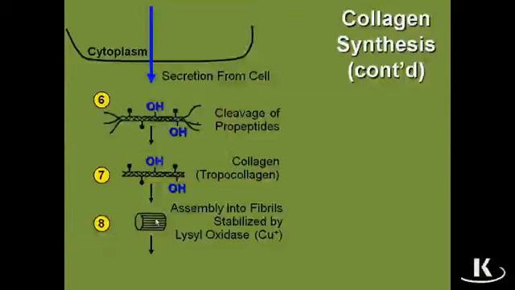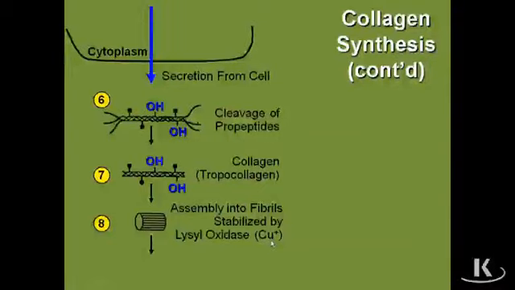In order for this to happen, there's a special enzymatic reaction that has to happen, and that's shown on the slide. This is called lysyl oxidase. Lysyl oxidase comes along, it oxidizes the collagen, and allows the collagen to assemble into clumps or fibers. It's important for you to remember that lysyl oxidase is a copper requiring enzyme.